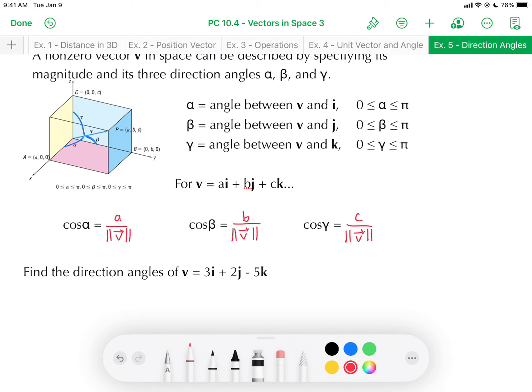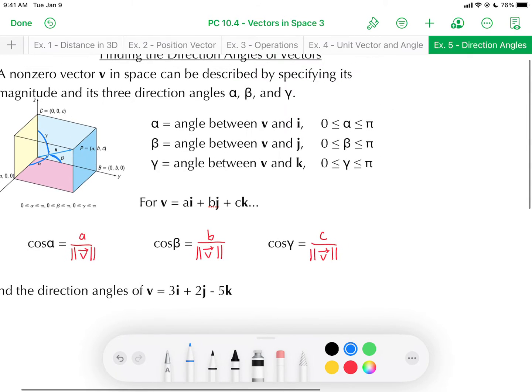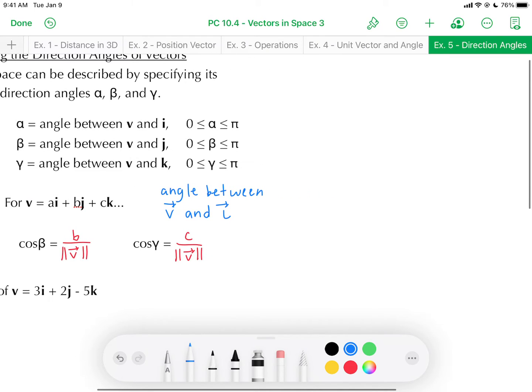All right, now I want to derive one of these for you. Okay? And once I derive one, you'll be able to see how I would get the other 2, okay? So let's say I want the angle between vector v and vector i. Okay, now recall, vector i really means 1i plus 0j plus 0k.